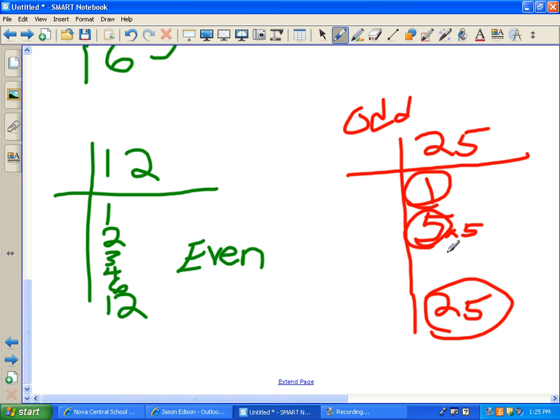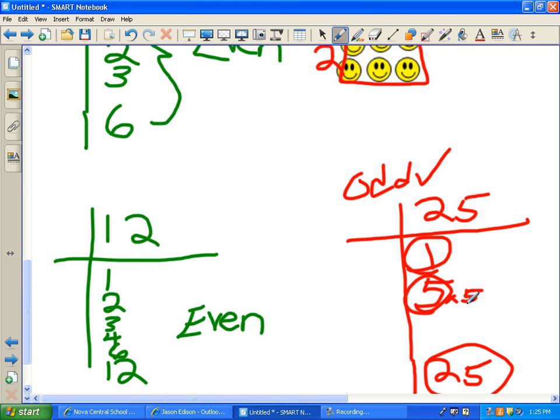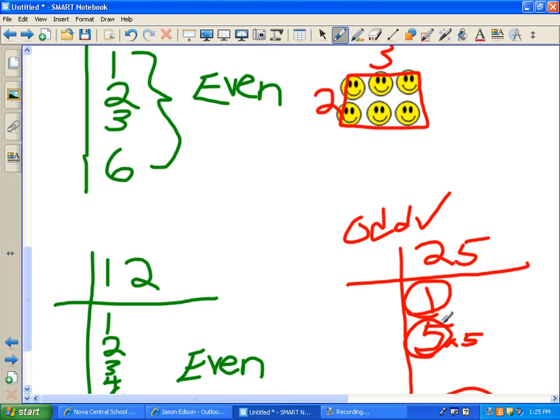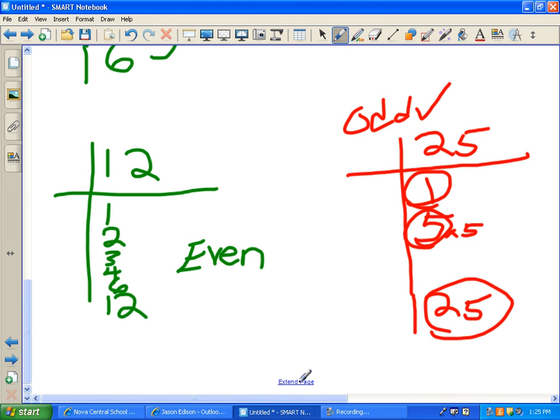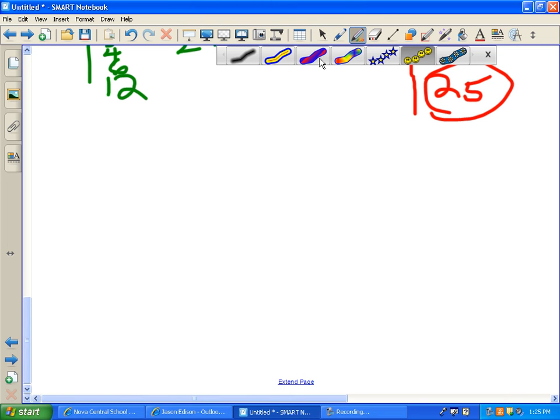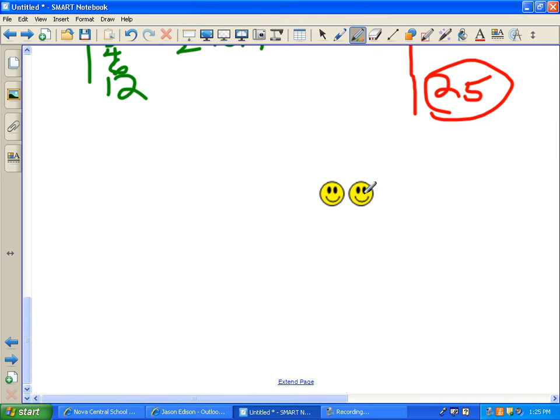Does it repeat? Sure. The 5 repeats. So it's odd, it repeats, and does it make a perfect square? Of course, if it repeats, I can make a perfect square of 5 by 5. Just like this. 1, 2, 3, 4, 5. 1, 2, 3, 4, 5.